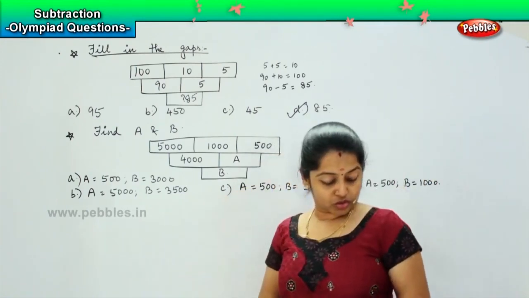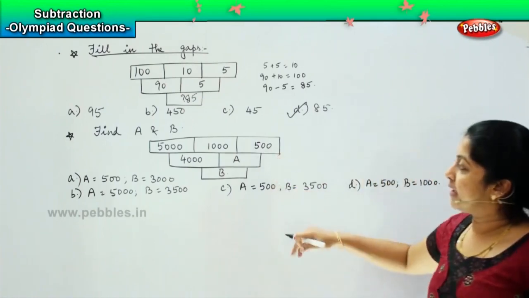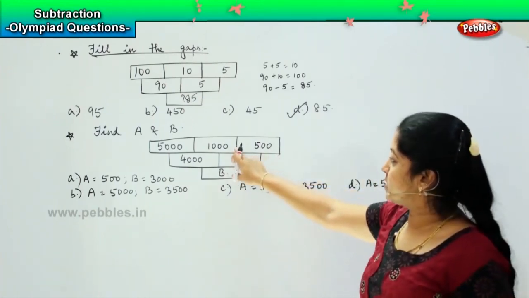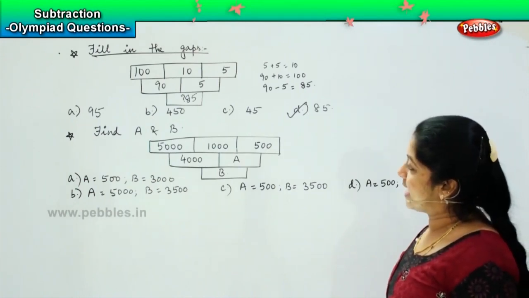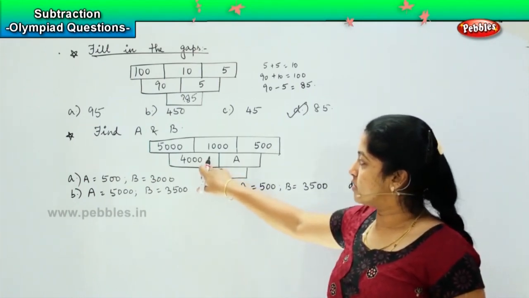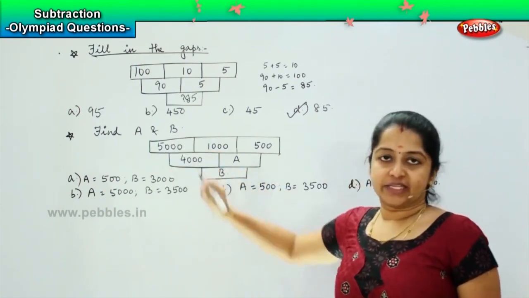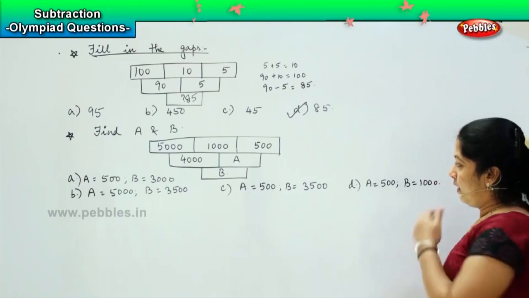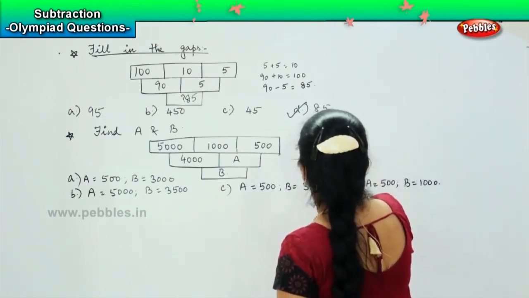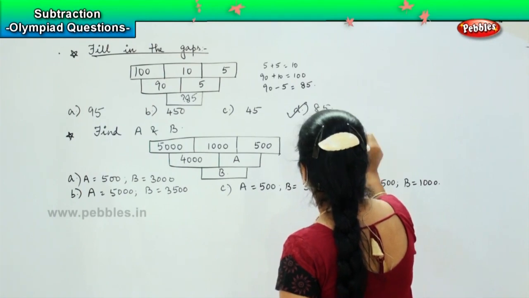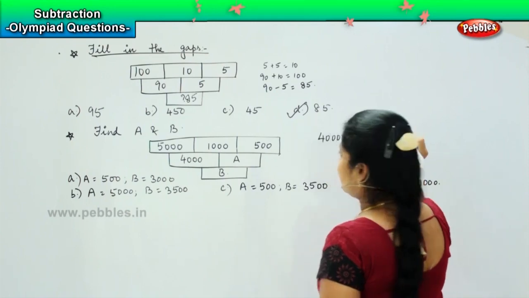Fine. So now just see the pattern again. 5,000, 1,000, 500. So again, observe the same pattern. 4,000 plus 1,000 makes it 5,000. Clear? So 4,000 plus 1,000 makes it 5,000.